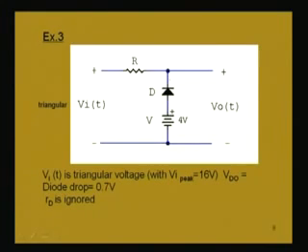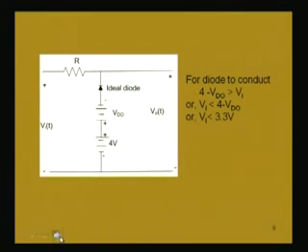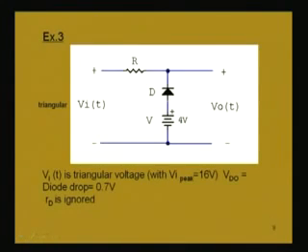Now, input voltage is a triangular voltage. Now, that diode will be conducting when we have the voltage at the point P being higher than the voltage at the point N, and you see here N is being applied a voltage.